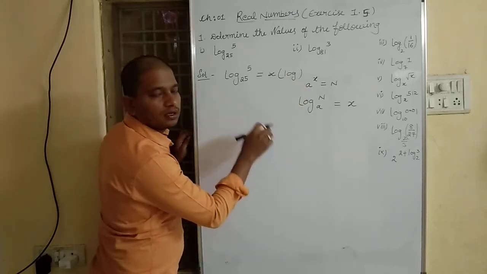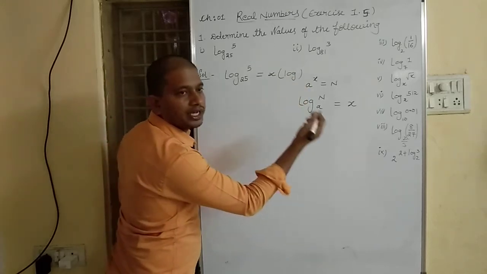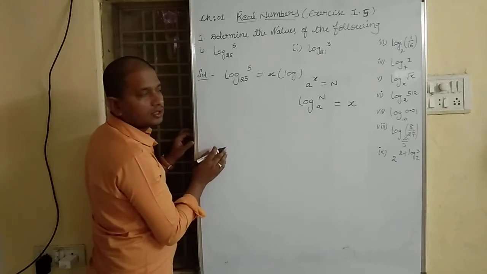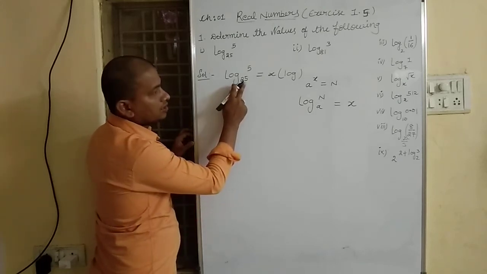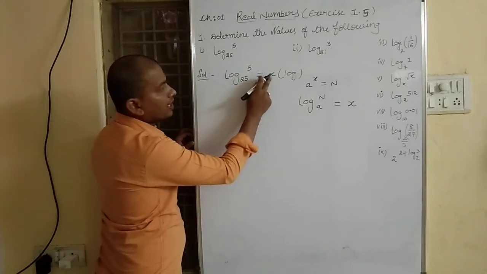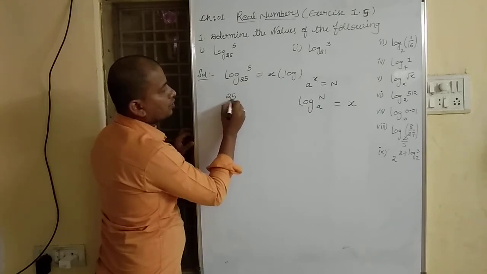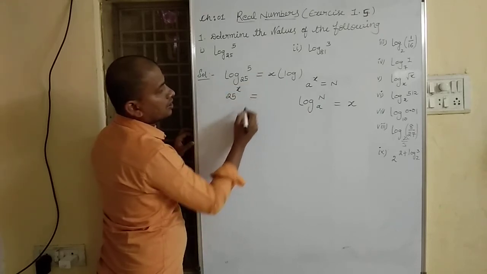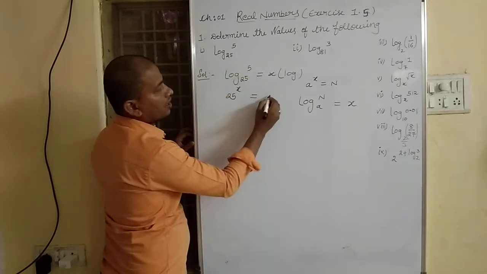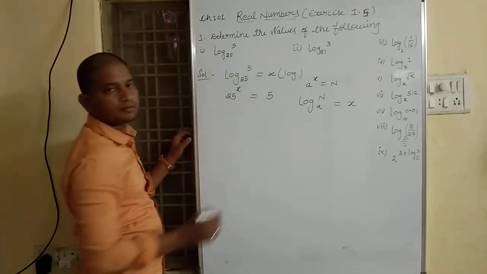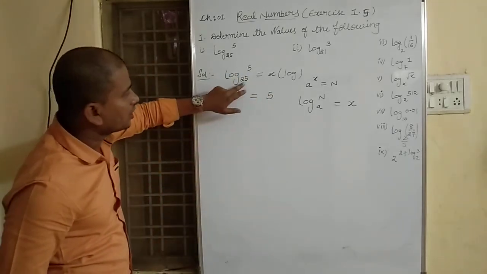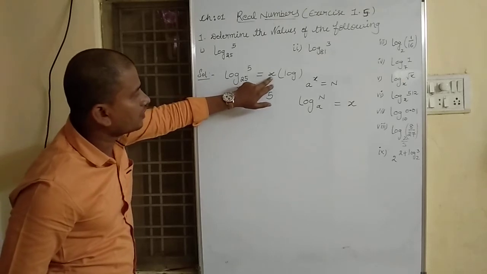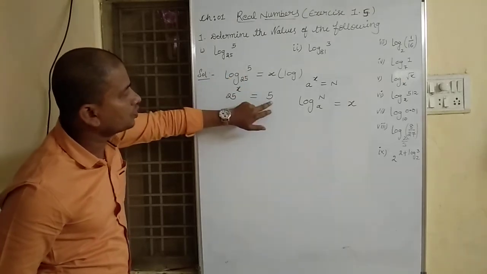So convert logarithmic form into exponential form. Here a value is 25, so 25 power x is equal to n, which is 5. Simply, 25 raised to the power x is equal to 5.